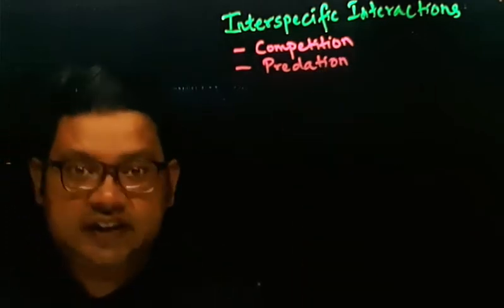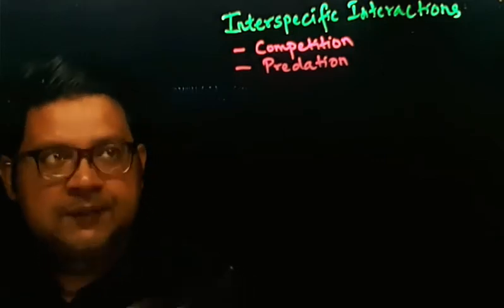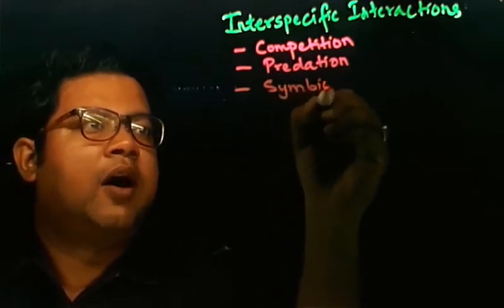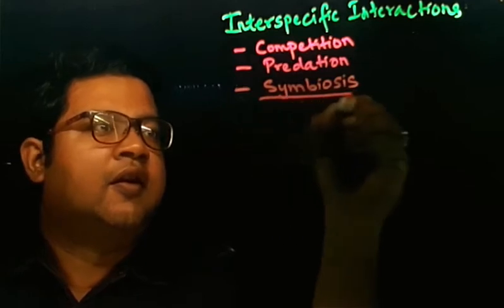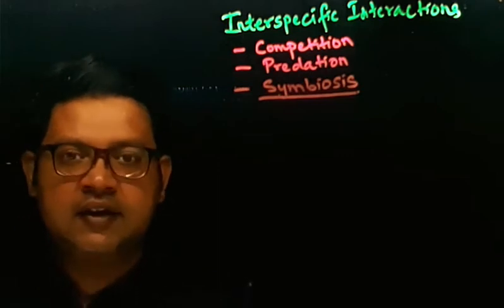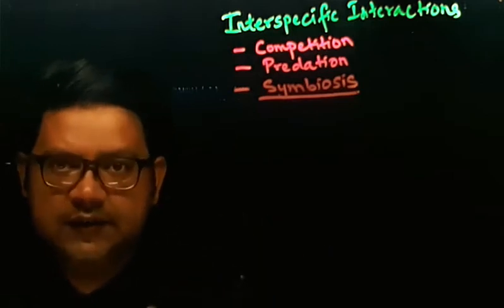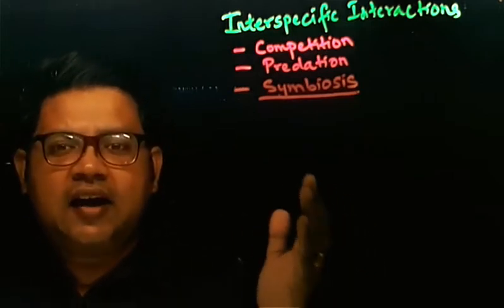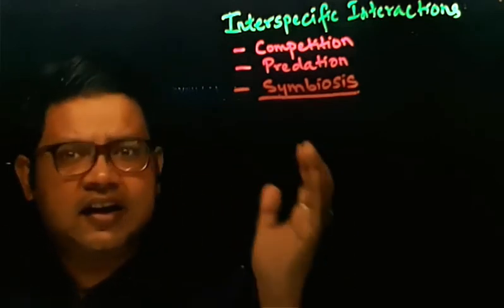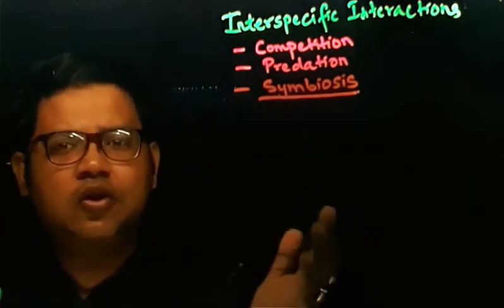Now, the third type of interspecific interaction is called symbiosis. So, I'll just write it down. It's called symbiosis. Now, what do you mean by symbiosis? Symbiosis means an interaction between two organisms which are associated very closely.